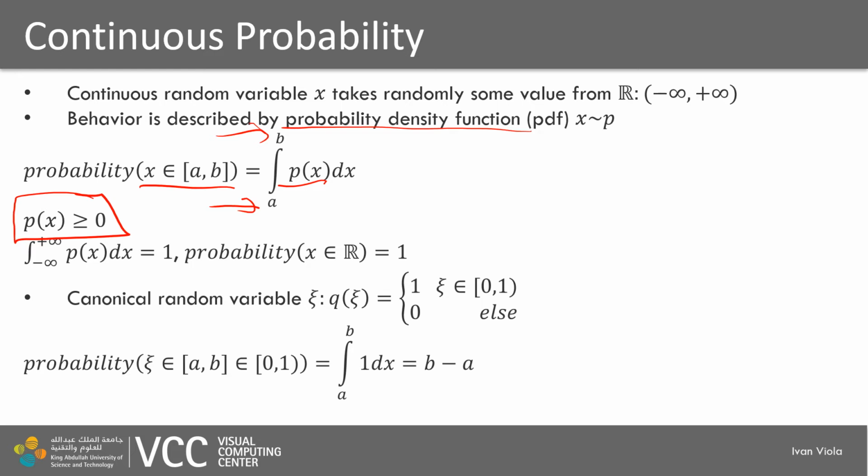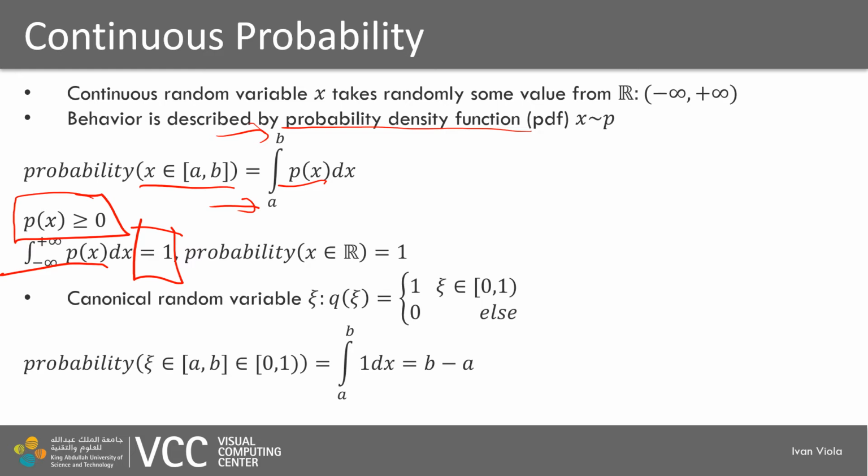The probability density function, if we integrate it over the entire range from minus infinity to infinity, should sum up to 1. So the integral of the overall density function is 1.